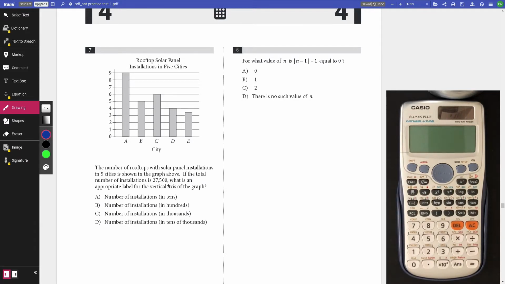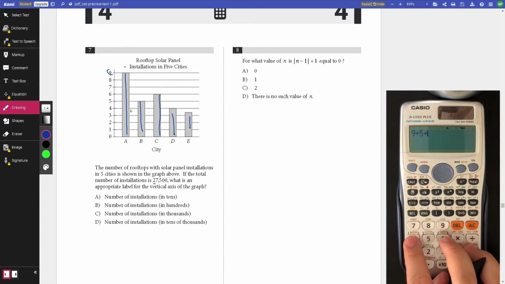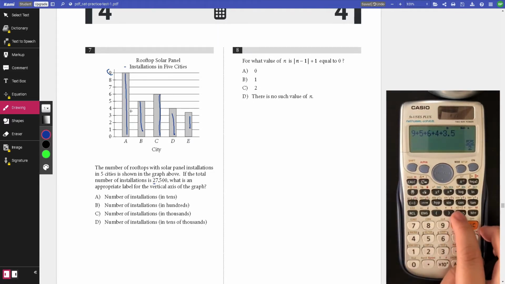Number 7 says the number of installations is that. We're given this graph. What's the appropriate label? So first, we should add up how many installations there are from the raw numbers. On our calculators, we can do 9 plus 5 plus 6 plus 4 plus 3.5, and we get 27.5.